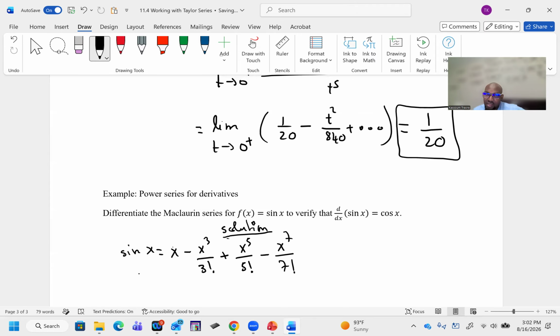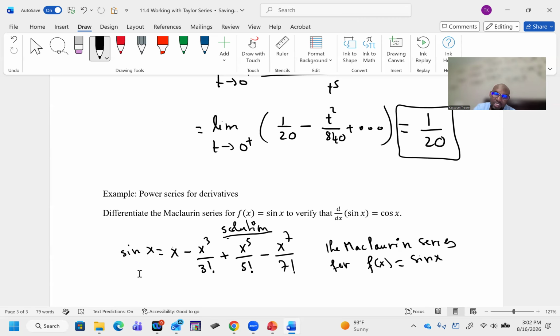This is the Maclaurin series for f of x equals sin x.